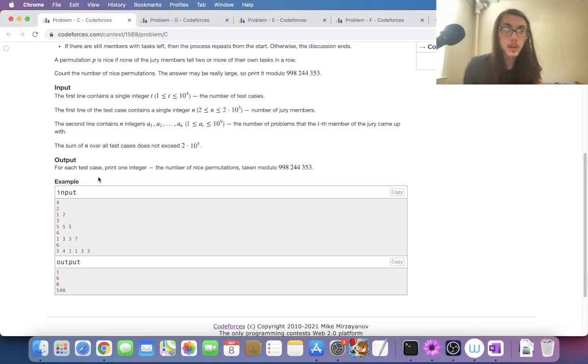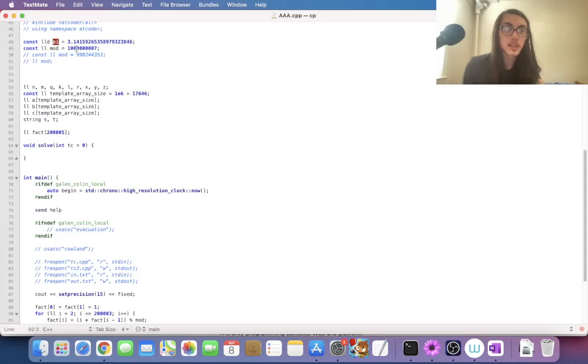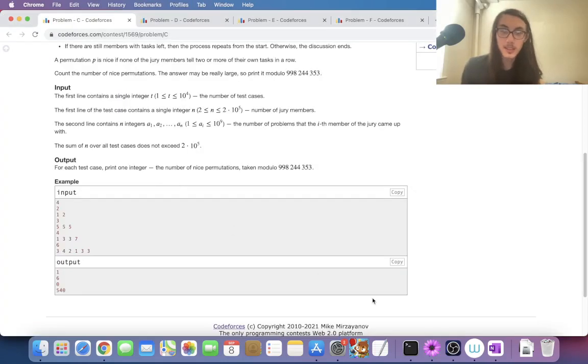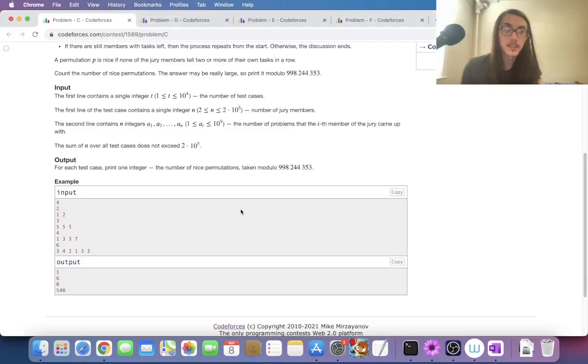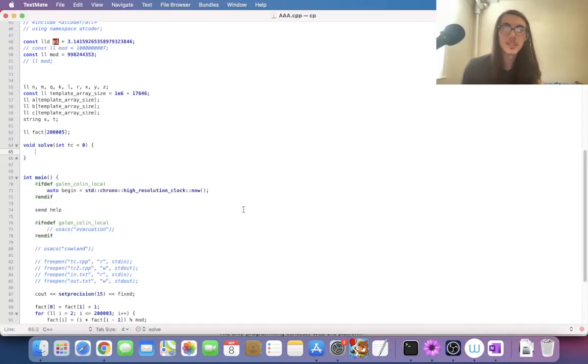Pre-computation. Mod is 10 to the 9th? Nope, it is not. It is the other number. Or NTT mod, I guess. FFT, I don't know. I don't think it uses mod, actually.